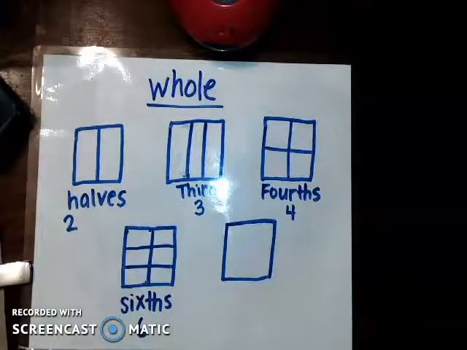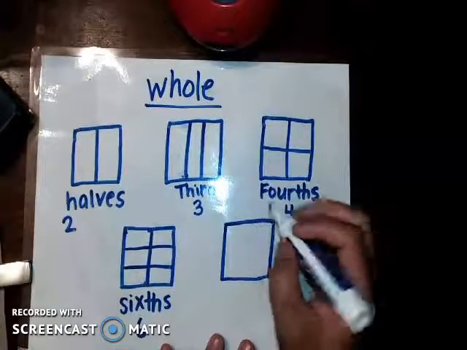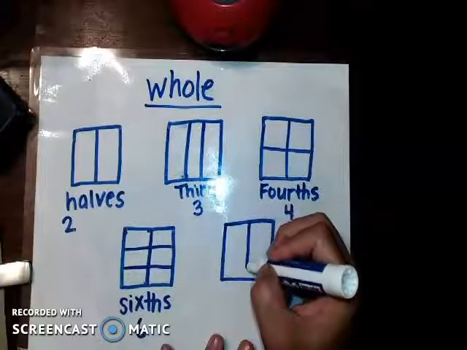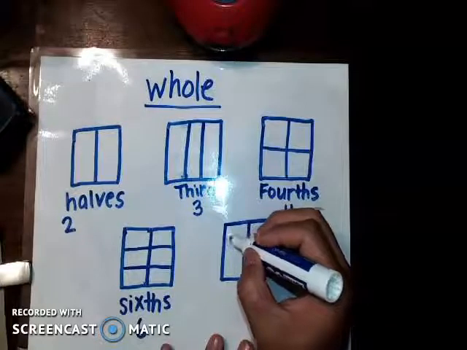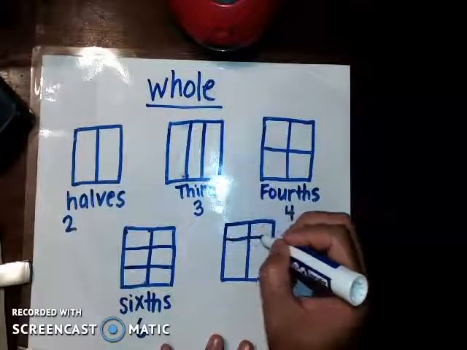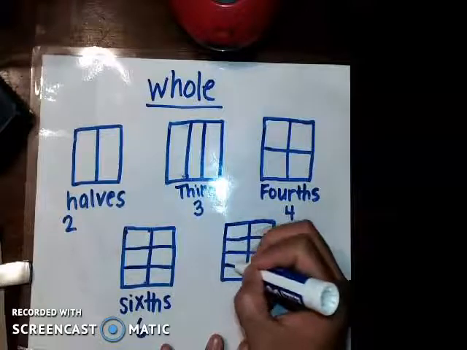And finally, our last one, we are going to split in half again. And this time we're going to draw 3 lines going across, as equal as you can make them. There we go.